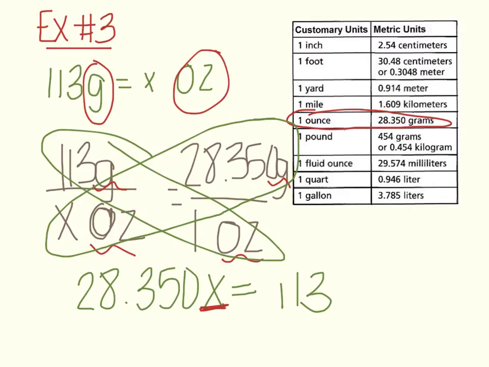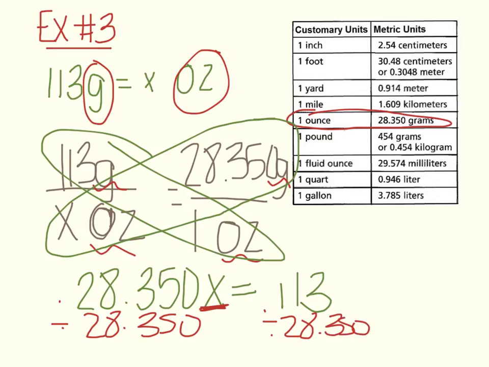This is a multiplication problem, so we have to divide on both sides. This side crosses itself out, and let's do the division. So we have 113 divided by 28 and 350 thousandths.